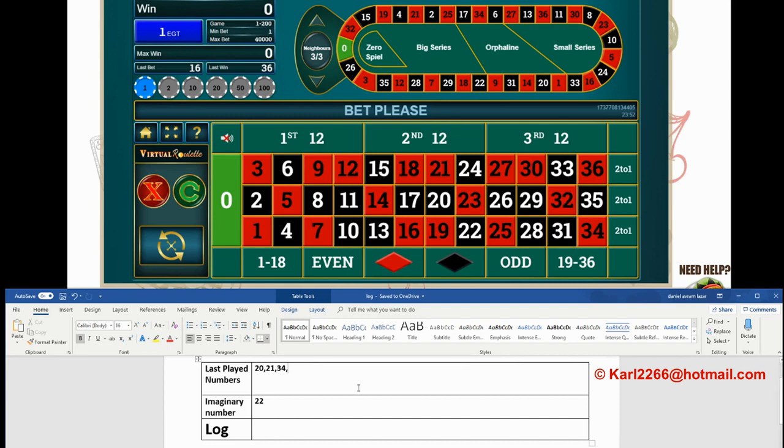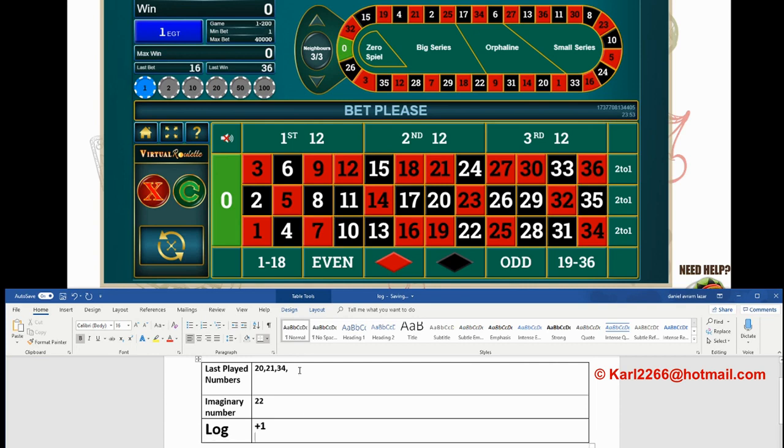But first we have to find the logarithm, and we see here that 20 and then 21, that means the difference is +1, but between 21 and 34 it's also +1, because after 21 we had the imaginary number 22, that means it's +1 also. So now we got 34 and the logarithm +1 for sure. So we go right here, +1.